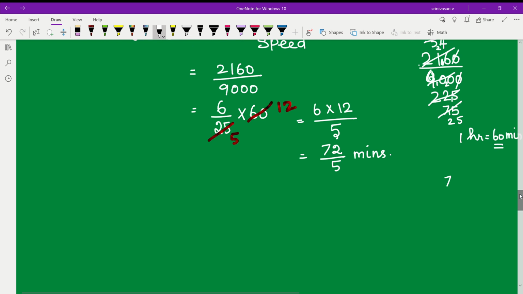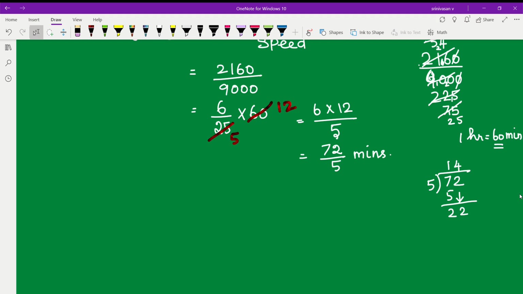We are going to divide. 5 1s are 5. 2 is the remainder and take down the number 2. 4 and 20 and 2 is the remainder. So first write down the quotient 14. The remainder is 2 by the divisor is 5.